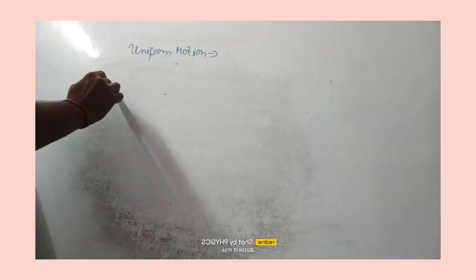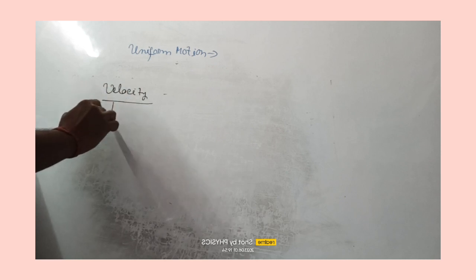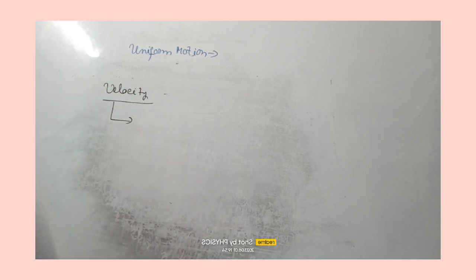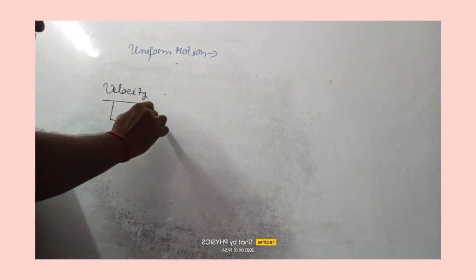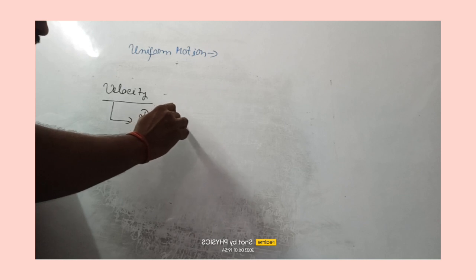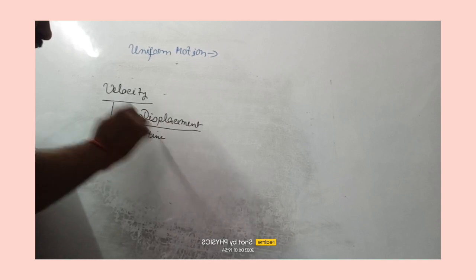Now to discuss the velocity. What is the velocity? The rate of change of displacement with respect to time is known as the velocity. So here, the displacement by time.